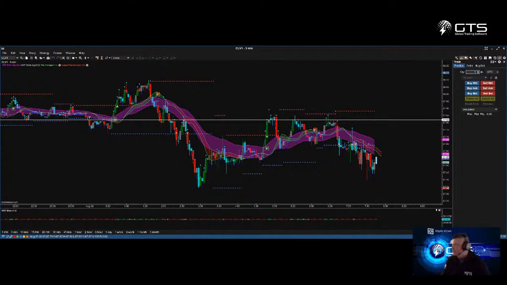All right, so oil. Yes, oil. This was your opening range trade right here. Let's do this on the 15-minute.